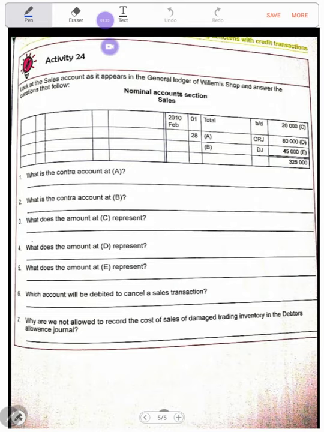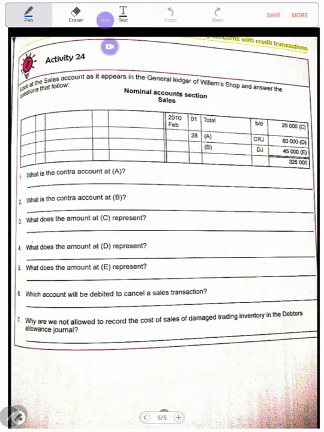And you can see that in our CRJ we received money, we sold goods, and we received cash immediately. And then the DJ is telling us that we sold goods on credit. So what will be my details when I sell goods on credit? What will be my details when I sell goods using cash?